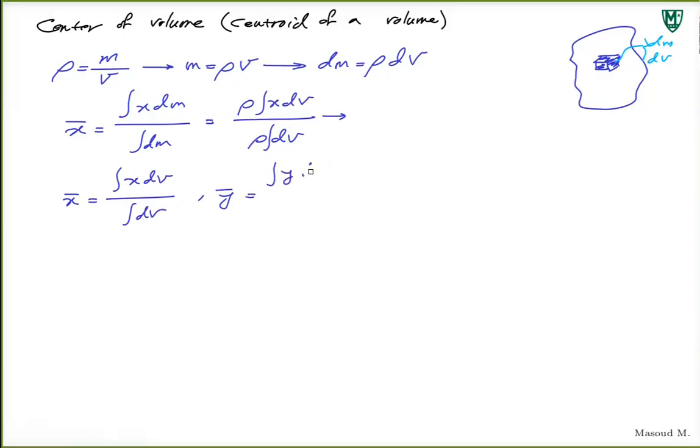Similarly, you get the same thing for y: the integral of y dv over the integral of dv. And z would be the integral of z dv over the integral of dv.